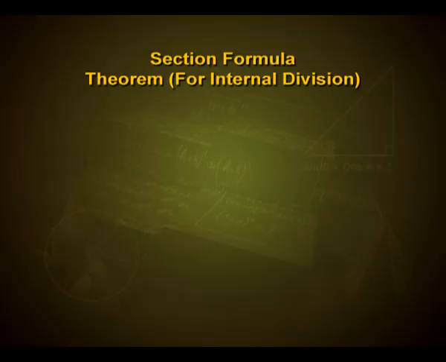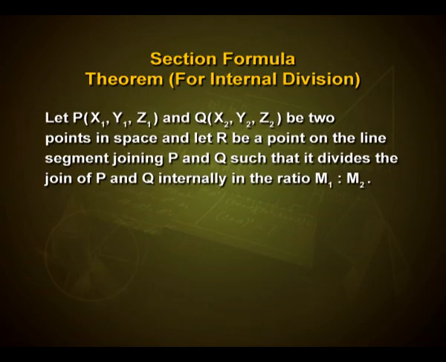Now, let us introduce ourselves to the section formula. Let P (x1, y1, z1) and Q (x2, y2, z2) be two points in space, and let R be a point on the line segment joining P and Q such that it divides the join of P and Q internally in the ratio m1 : m2.